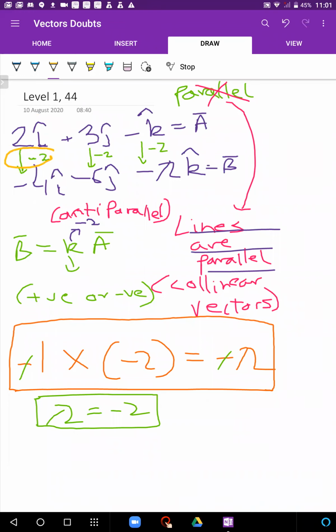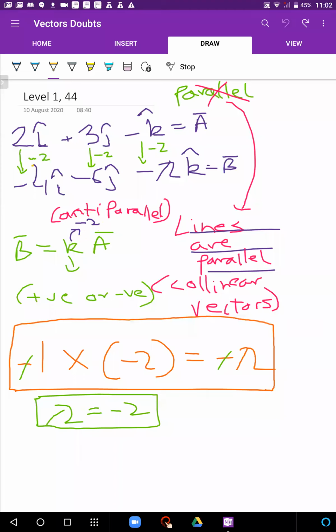Now, if I actually multiply A bar with -2, what is going to happen? Imagine, if I actually multiply this vector with -2, every term, the I, J, K term, all will get multiplied with -2, and then you get vector B.